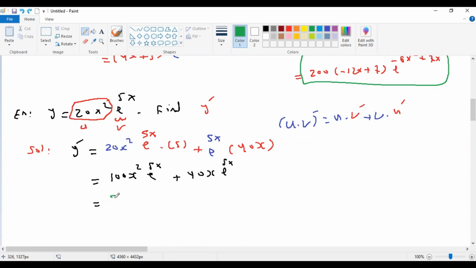So 20 here, and from x squared and x, we can take x. And e to the power 5x is the same. So then what you have, 100x squared will be 5x. And the plus here is plus 2. So it can be written as 20x multiplied by 5x plus 2 multiplied by e to the power 5x.